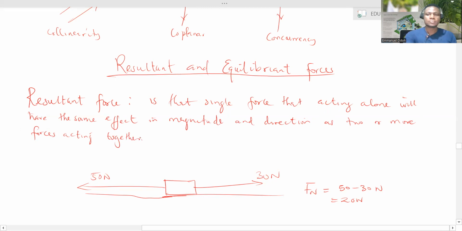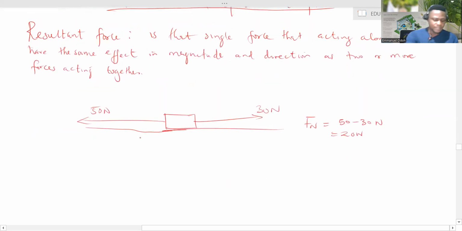So this is all what I mean by the resultant force.